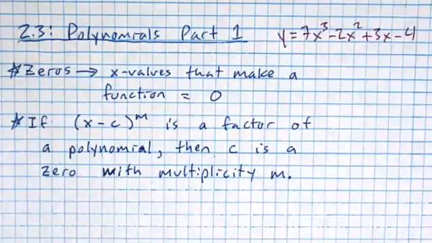So what I need you to know right now to start off on this example is that the zeros, and when we talk about zeros, this isn't strictly polynomials, it's any function. A zero is just an x value that makes a function equal to zero. That's why it's called a zero.